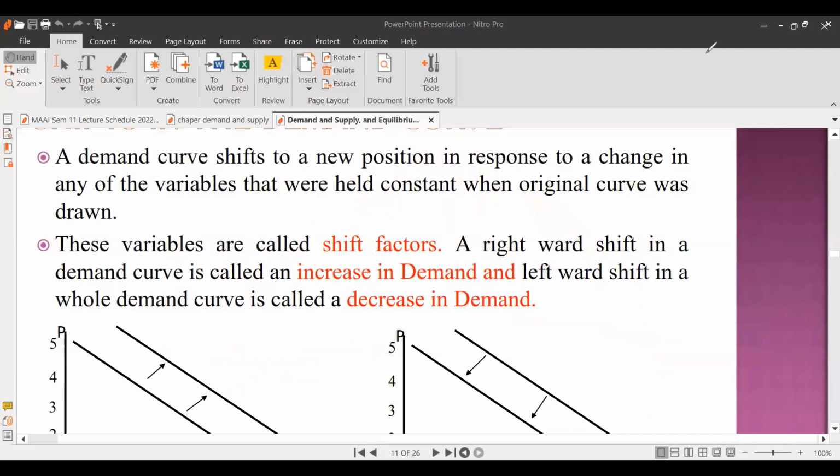So if we consider substitute goods, we'll take another example: laptops and smartphones, right? We can consider these two products also as substitute goods.